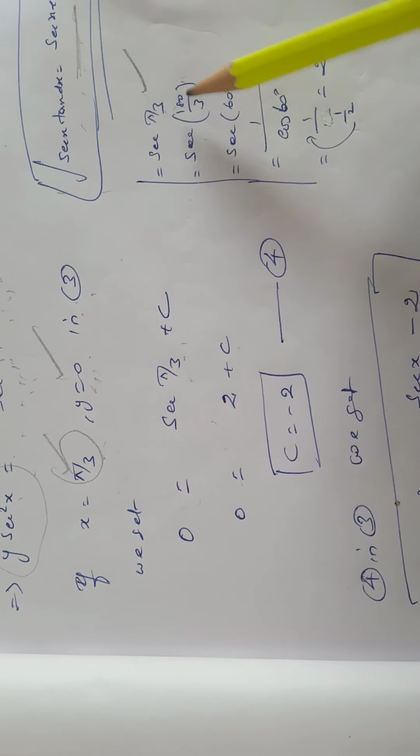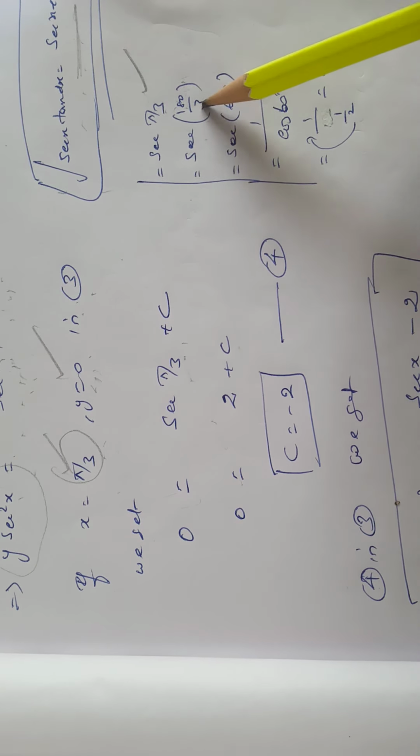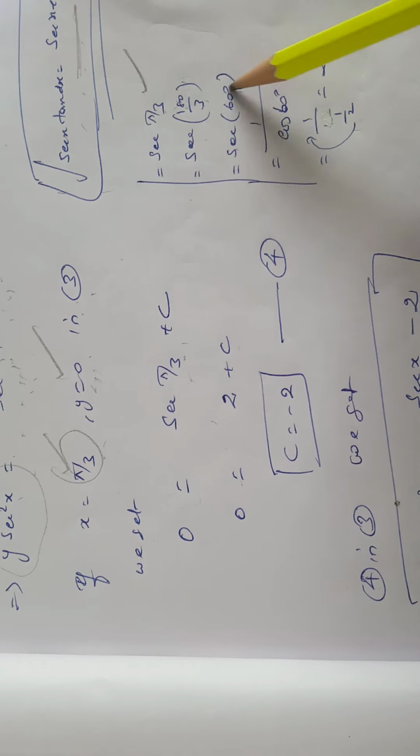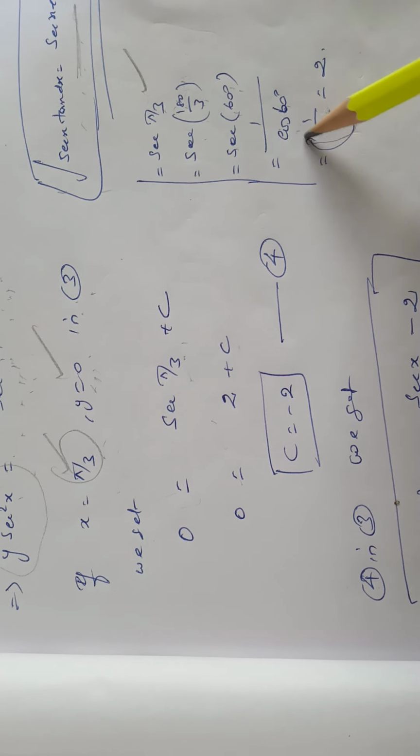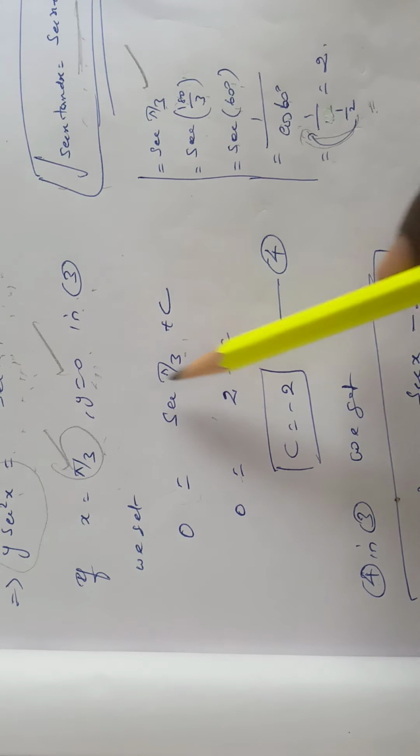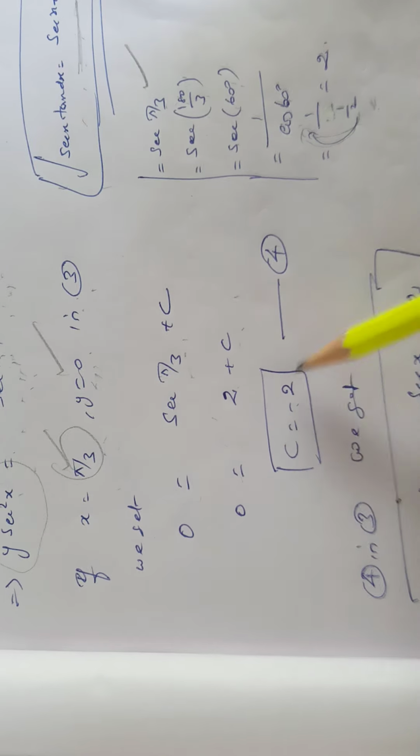Secant pi by 3 is secant of 180 by 3, that is secant 60 degrees. Secant is 1 by cos, and cos 60 is 1 by 2, so 1 by 1 by 2 gives 2. So secant pi by 3 is 2, so 2 plus c equals 0, giving c equals minus 2, equation number 4.